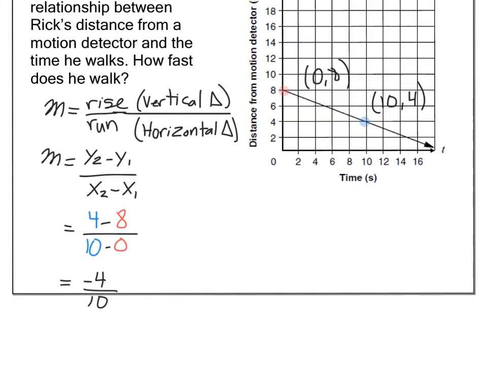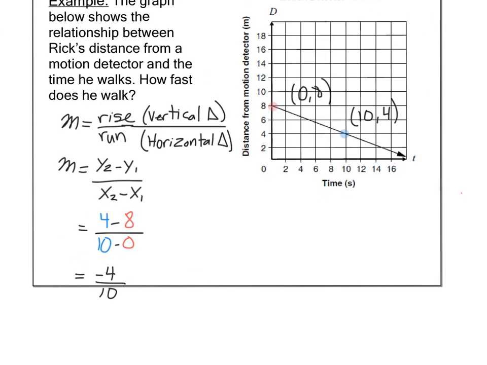Except notice that they're both divisible by the number 2, so we need to reduce that slope to be negative 2 over 5. You'll notice, though, that the question asks, how fast does he walk? It doesn't ask for the slope, it's how fast does he walk. So we need to make sense of this slope.